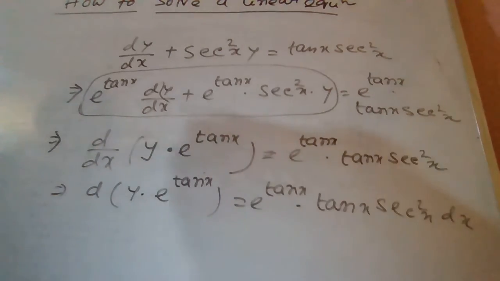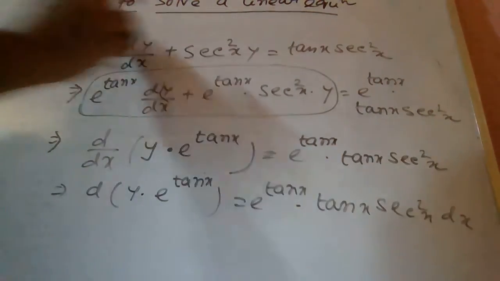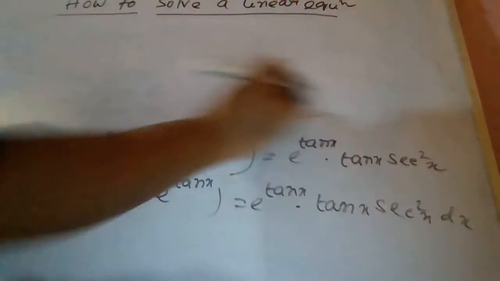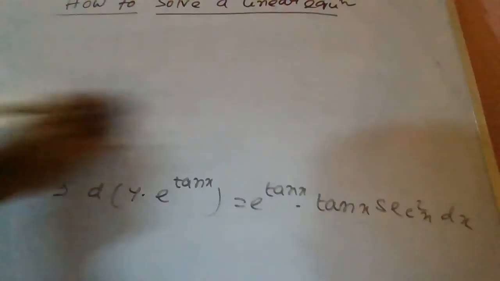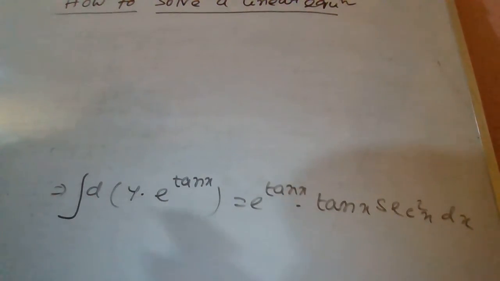We just integrate both the sides. Integration of d of y into e to the power tan x equals integration of this.